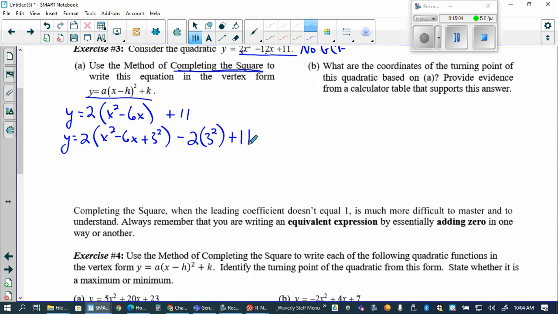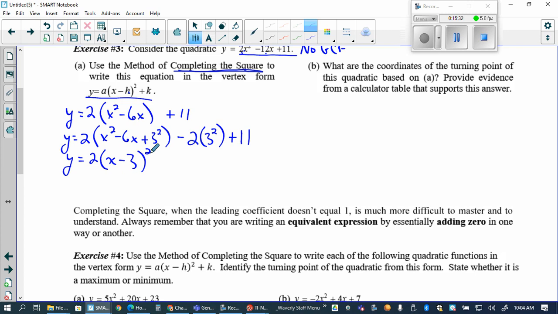So let's take this in. y equals 2. What does this become in here? This we know: x minus 3, we just completed the square. Minus 3 squared. We just reviewed that yesterday, didn't we?